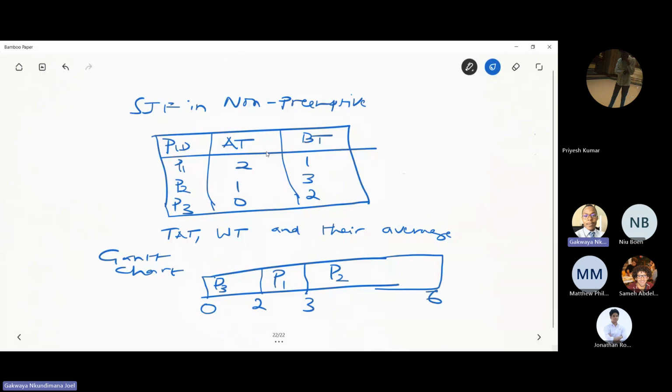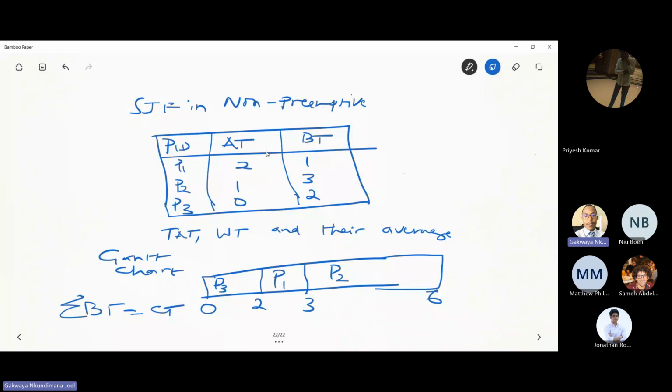To confirm, the completion time should be equal to the total burst time. The summation of the burst time should be equal to the completion time of the last process.